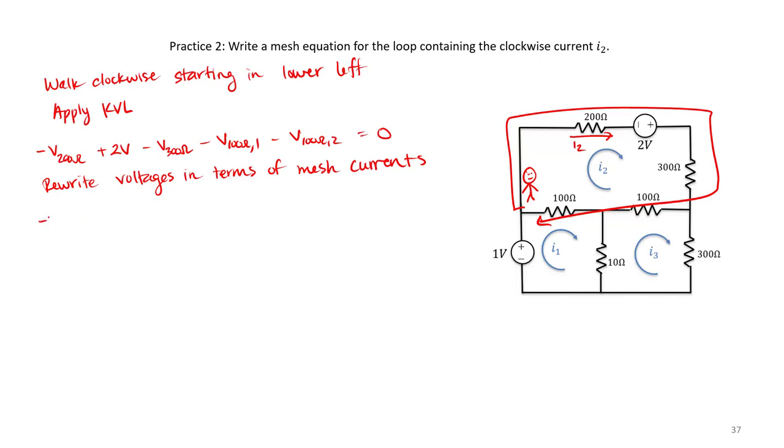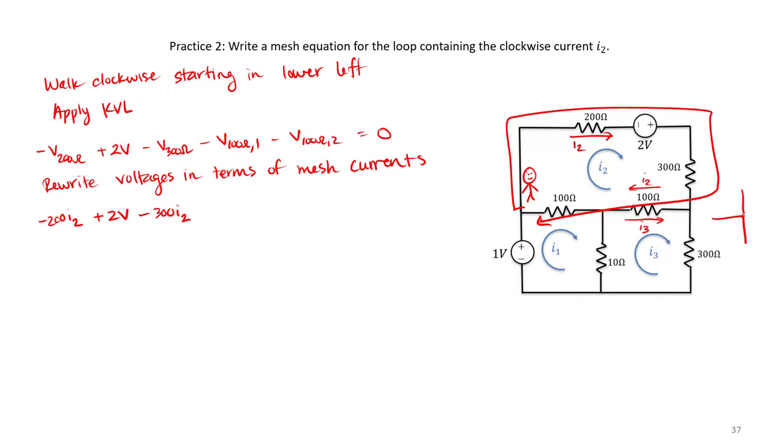So we have negative 200 ohms times I2. 2 volts stays as is. And the 300 ohm resistor also has I2 flowing through it. But notice our 100 ohm resistor. That resistor has I2 flowing through it, but also I3 going the opposite way.